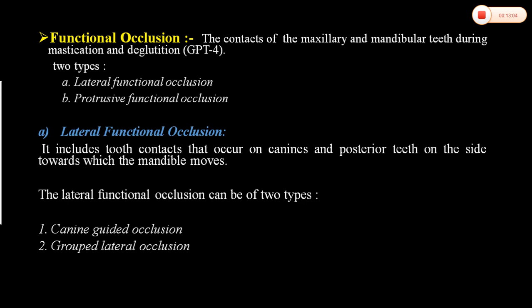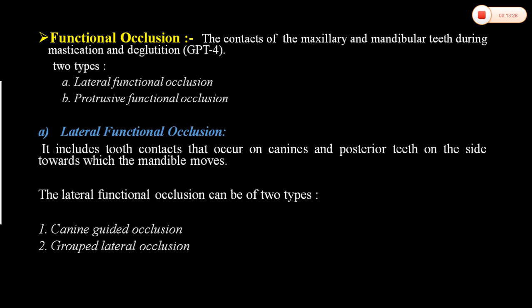Again, two types, depending on the eccentric movement of the mandible: lateral functional occlusion and protrusive functional occlusion. If functional occlusion takes place during lateral movement, it is known as lateral functional occlusion. If functional occlusion takes place during protrusion of the mandible, it is known as protrusive functional occlusion.